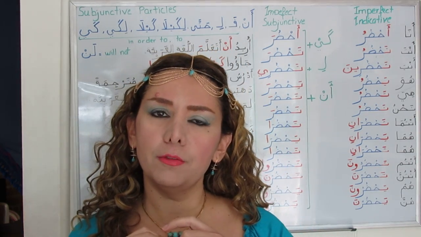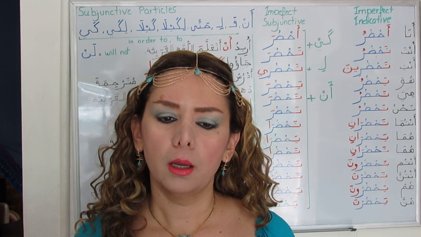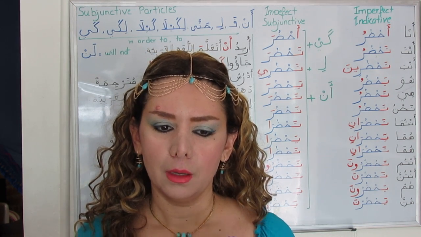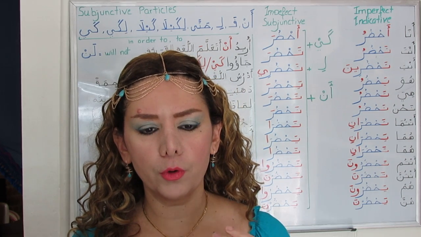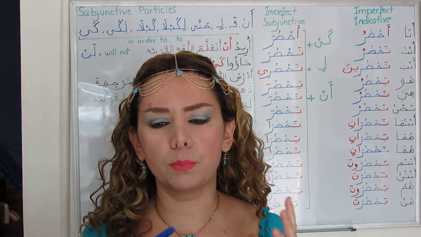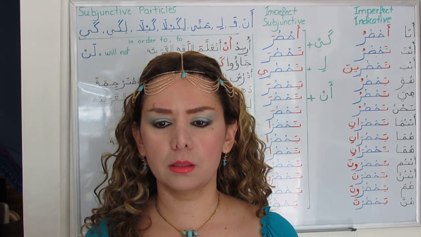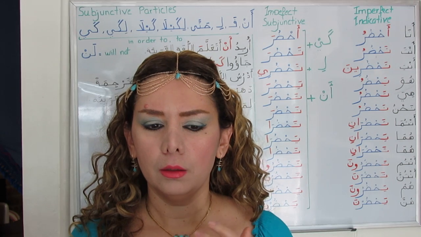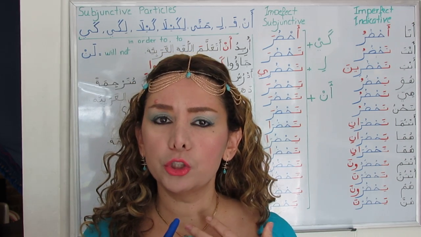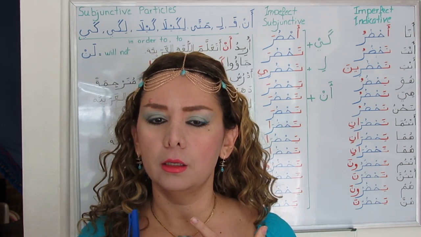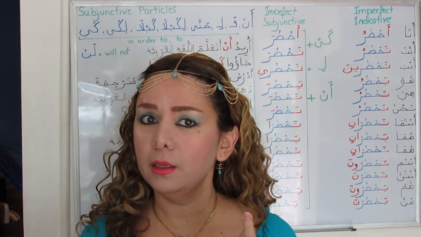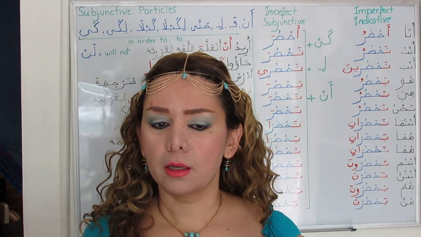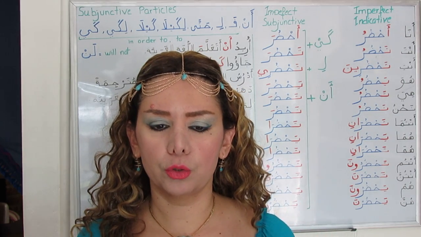The subjunctive is only used as a mood of the imperfect tense. Subjunctive forms of verbs are commonly used to express numerous states of unreality, such as wish, emotion, possibility, judgment, opinion, obligation, or action that has not yet occurred.